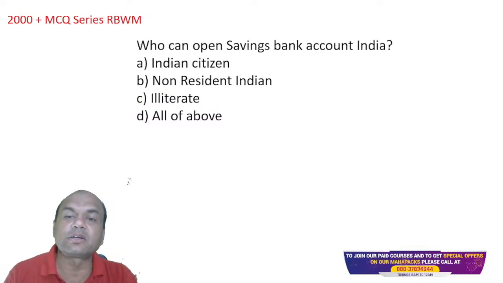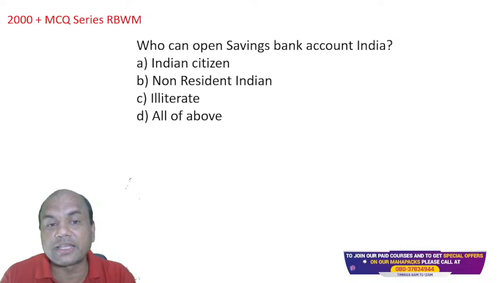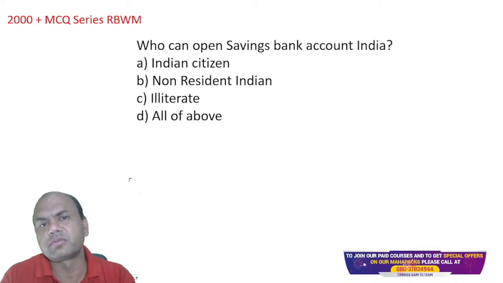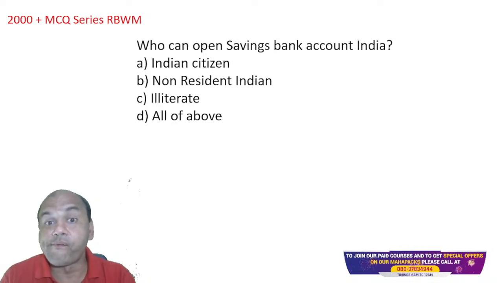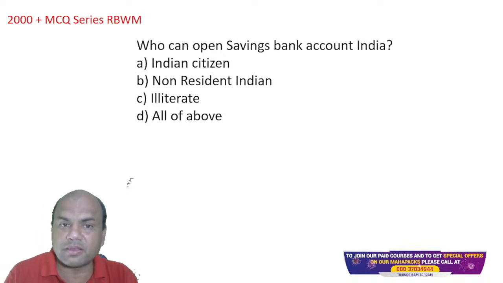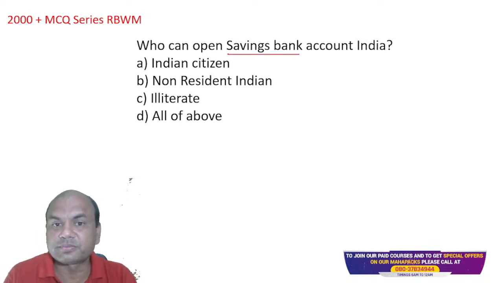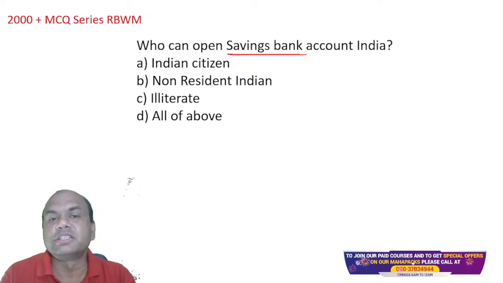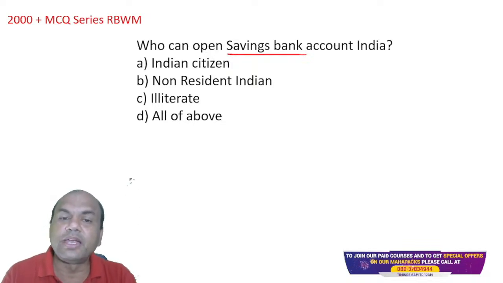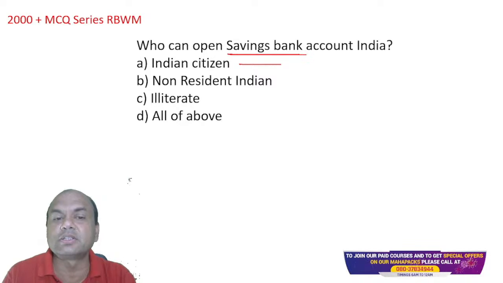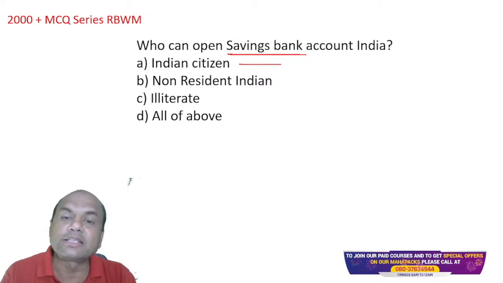Who can open the savings account in India? Indian citizen, NRI, illiterate, or all of the above. A savings account can be opened by an Indian citizen. When an Indian citizen opens it, it is called a Resident Savings Bank account, RSB.